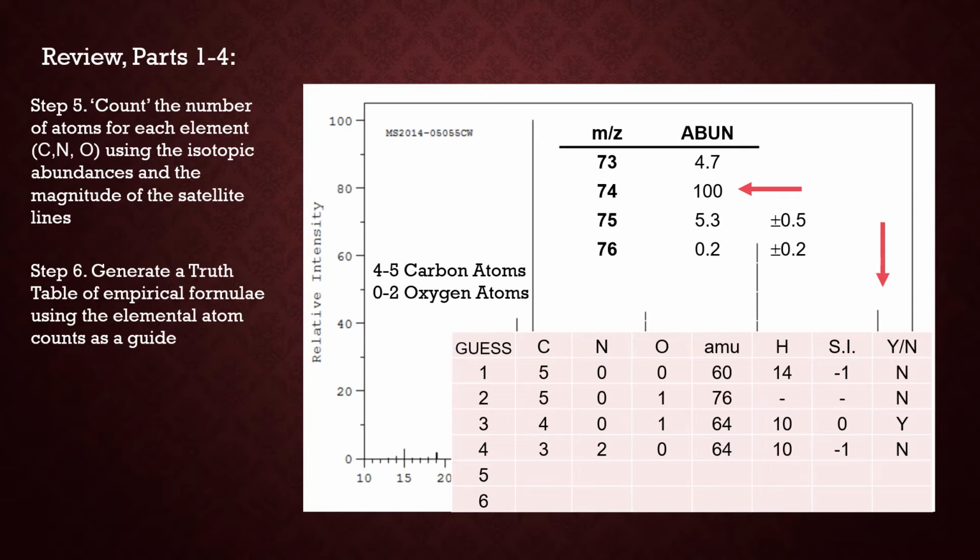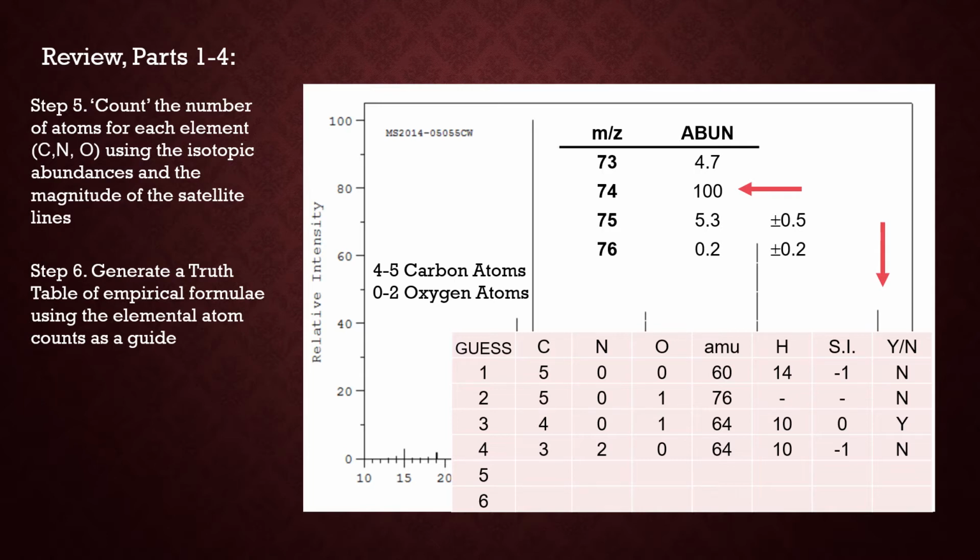I try 5 carbons with an oxygen, and I still don't get anything that works. I have to go to 4 carbons maximum, and I get something that starts to look plausible: 4 carbons, 1 oxygen. Since I can't really rule out nitrogen, because the mass is even-valued, I have to add nitrogens in pairs.